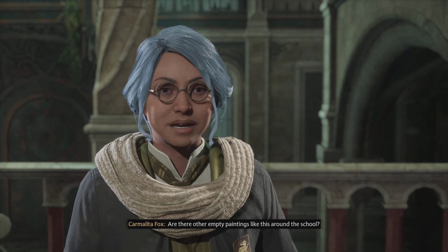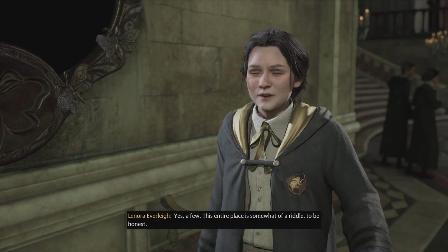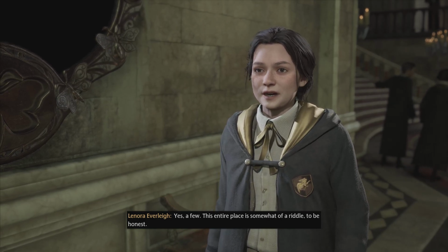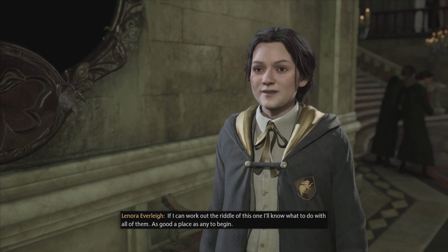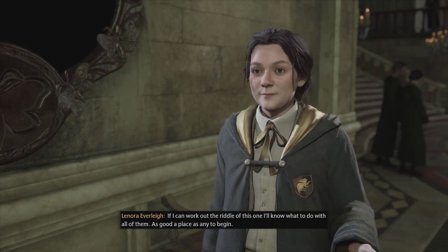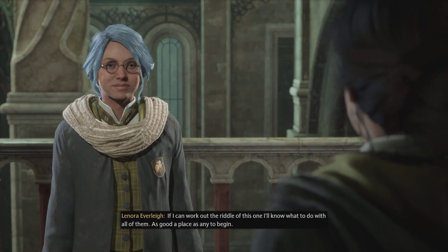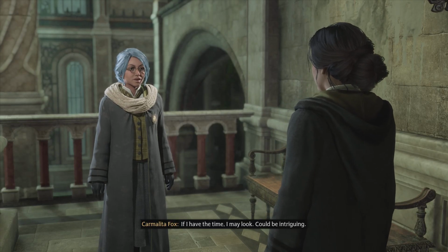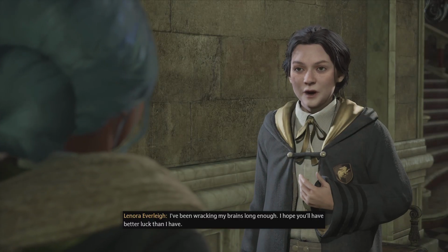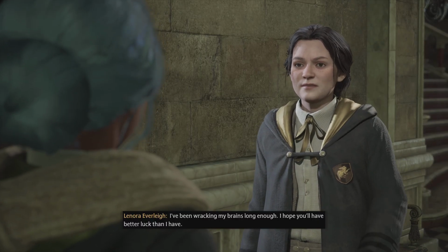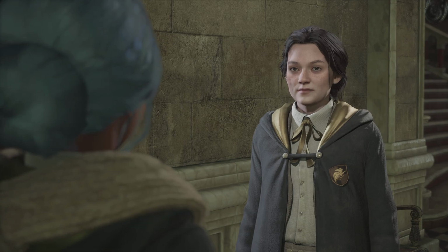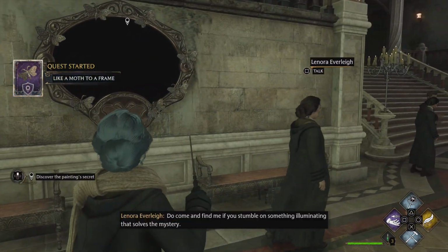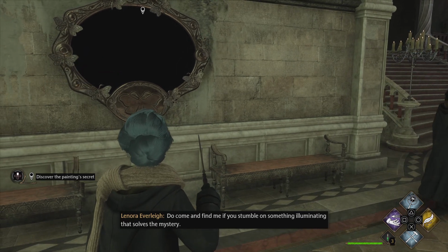Are there other empty paintings like this around the school? Yes, a few. This entire place is somewhat of a riddle, to be honest. If I can work out the riddle of this one, I'll know what to do with all of them. As good a place as any to begin. Let me see if I can do it. May look. Could be intriguing. I've been racking my brains long enough. I hope you'll have better luck than I have. Do come and find me if you stumble on something illuminating that solves the mystery.